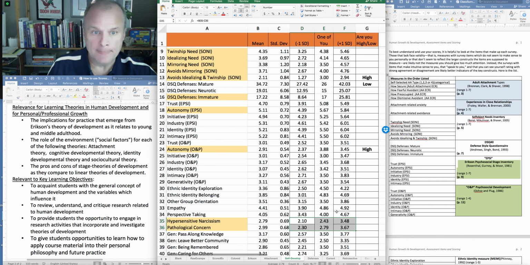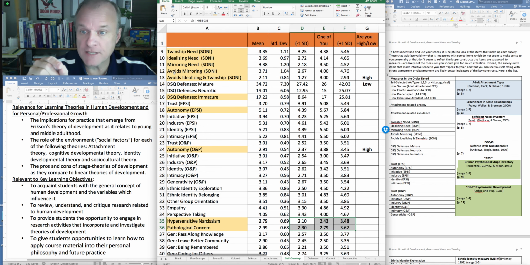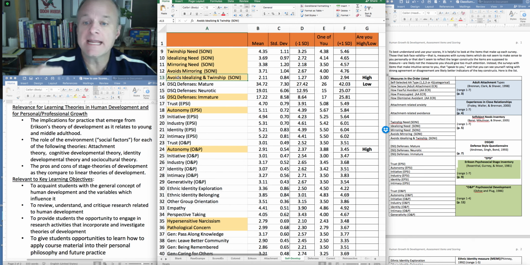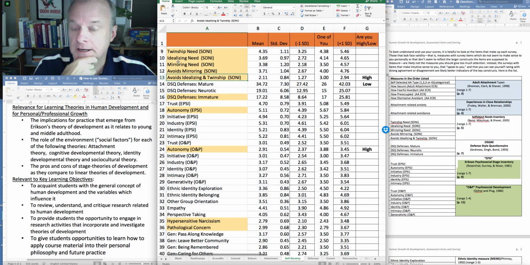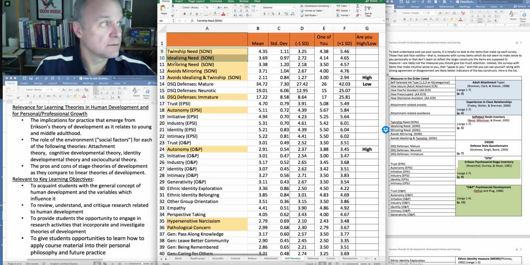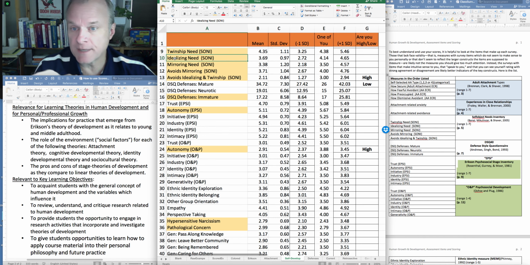So this pattern here suggests that the individual is high in their denial of their need to idealize others, to associate with their strength and power, and affiliate with people who can provide a source of direction, consistency, strength, as described in the self-development theory, and which are reflective of these two needs for twinship and idealizing.